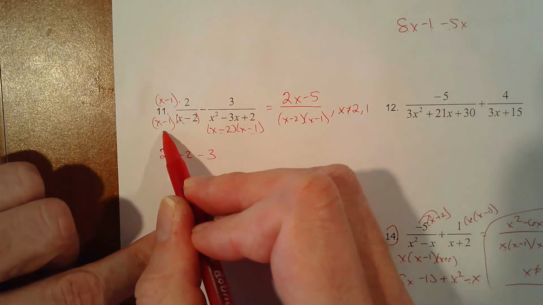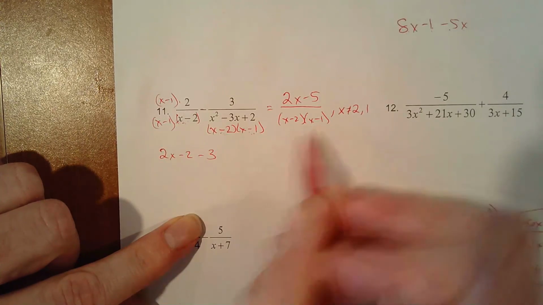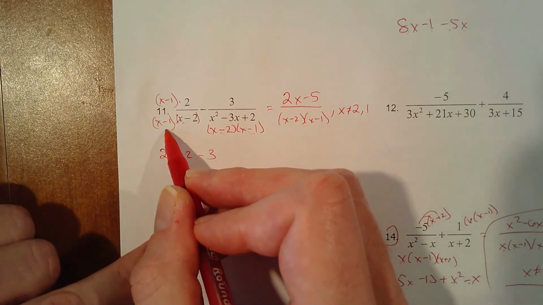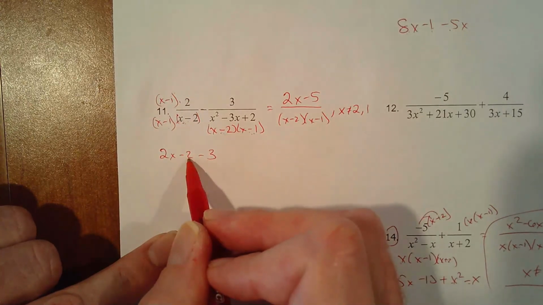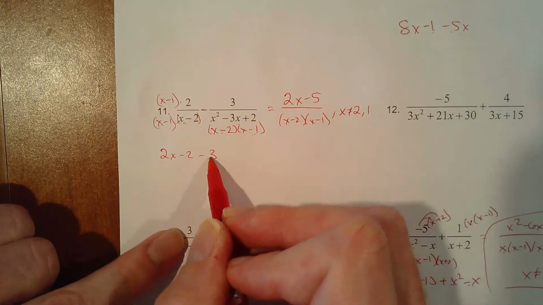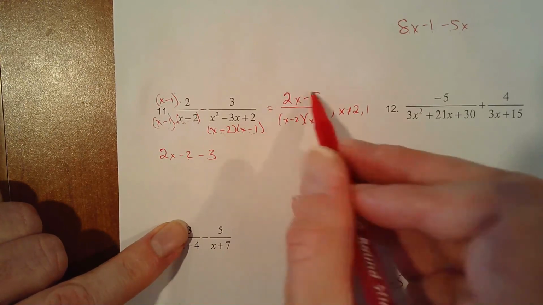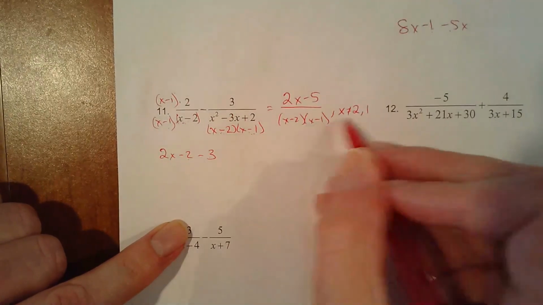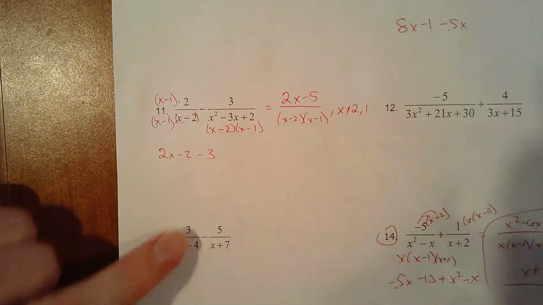It needs an x minus 1. Okay, so that's my least common denominator. So that one just needs to be multiplied by x minus 1 on top and bottom. So this is 2x minus 2 minus the 3. So it'd be 2x minus 5. And nothing factors out of there, so you can't cancel. So that's my answer. X can't equal 2 or 1.